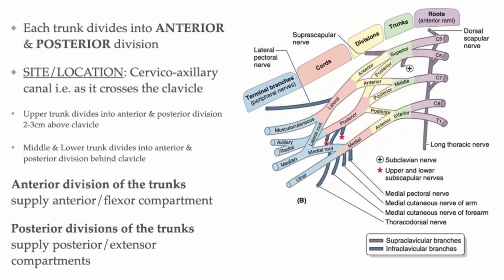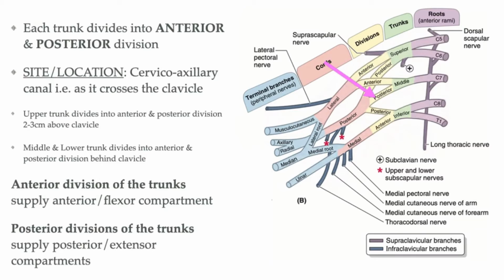You have a schematic representation of the brachial plexus on the screen. Now let us try to locate the divisions here. This is the anterior division formed by the superior trunk of the brachial plexus, and this is the posterior division formed by the superior trunk. Now, this is the anterior division formed by the middle trunk, and this is the posterior division formed by the middle trunk.